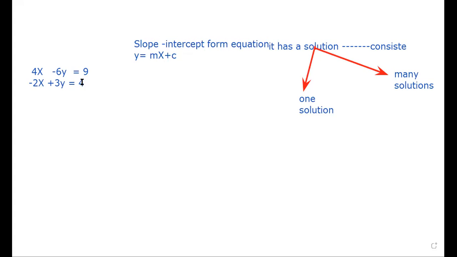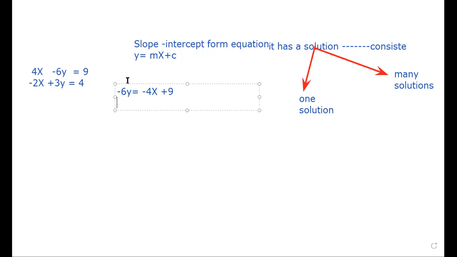So if I want to rearrange the first equation, it was negative 6y equals negative 4x plus 9.